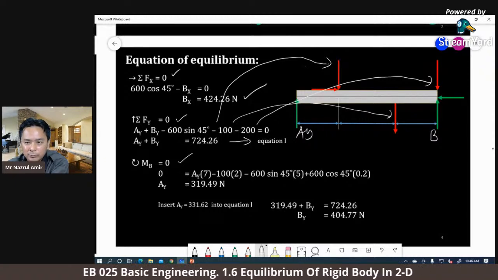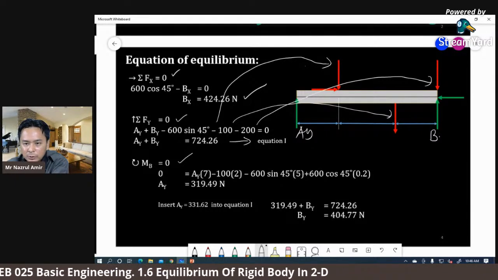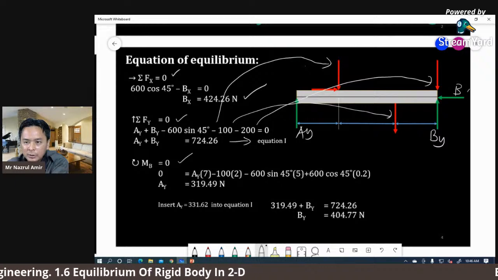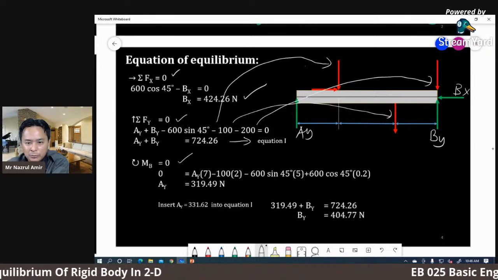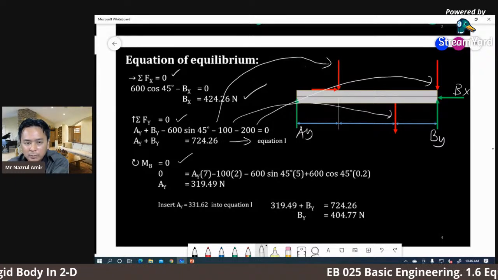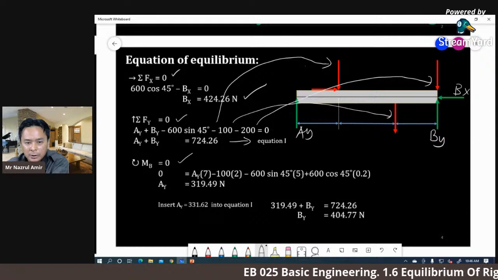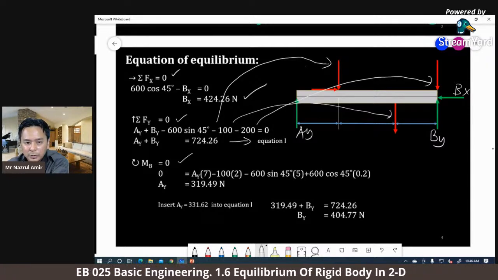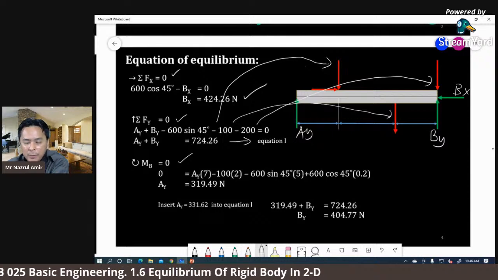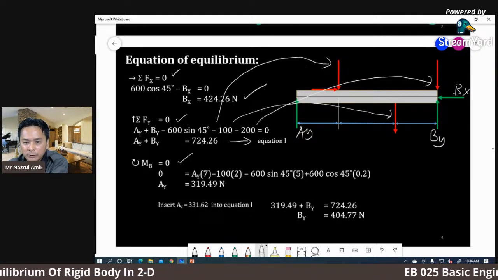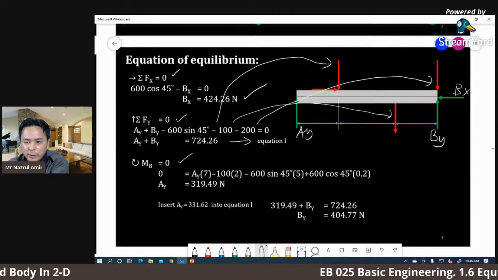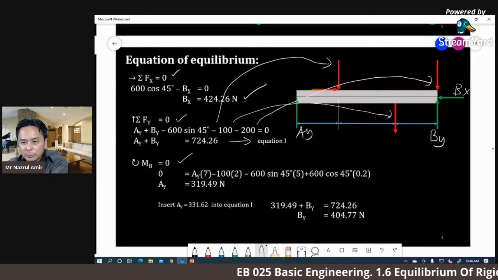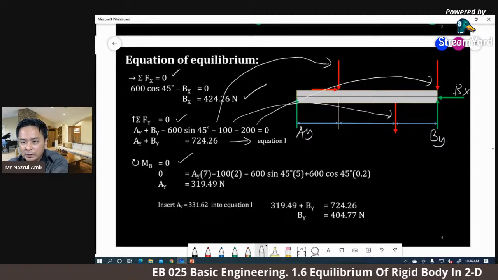As you can see here, point B has two unknowns, Bx and By. If you are going to apply the summation of moments as the first step, we always choose the point that has the most unknowns. Comparing A and B, B has the most unknowns, Bx and By.